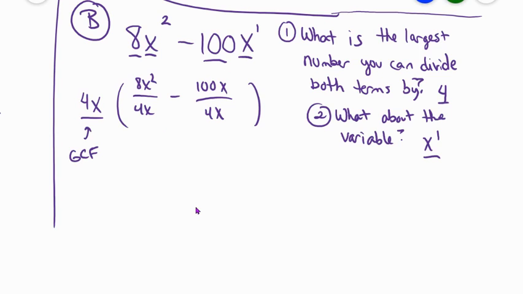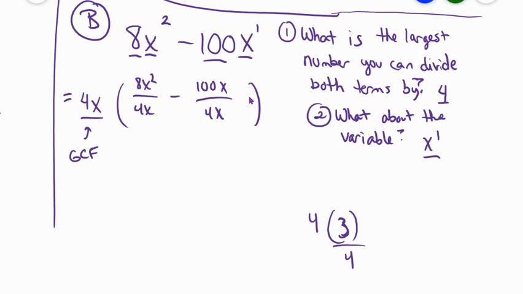Just like if you have a 3 over here, if I multiply by 4 and then divide by 4, will I get a different number than the 3 I started with? No, it's going to be the same thing. So this is basically what we're doing here. We're putting the 4x on the outside because that's our greatest common factor, but then we have to divide each of these terms by 4x in order to make this equivalent to what we started with.